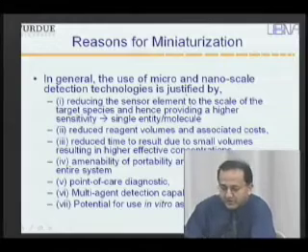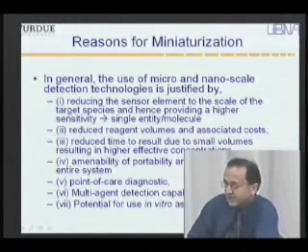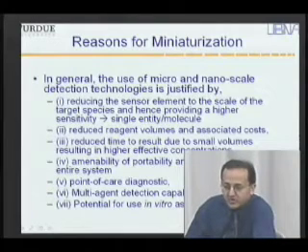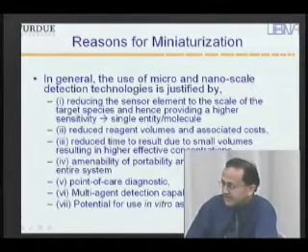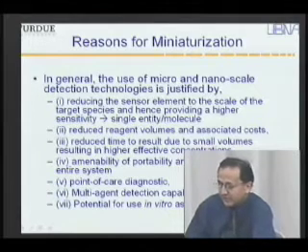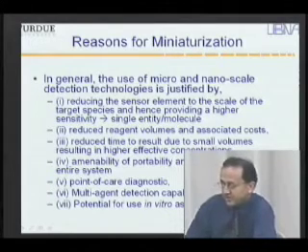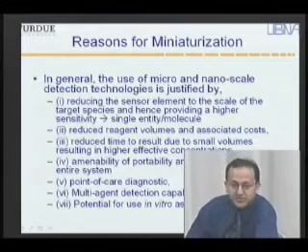If your sensor element is as small as your smallest unit that you're trying to detect, then that can provide higher sensitivity, or single molecule sensitivity, or single entity sensitivity. Because the volumes are smaller, you also have reduced reagent volumes and associated cost, and hence each test can be much cheaper than the associated macro scale tests.